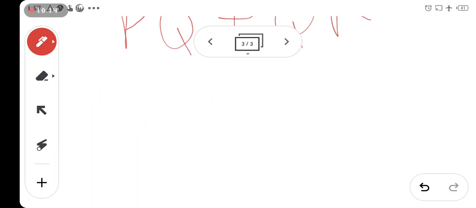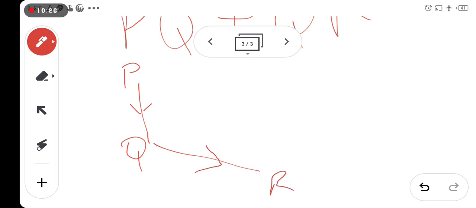If I write PQ as this and QR as this, the resultant of PQ and QR will be the third side of this triangle, given by this.